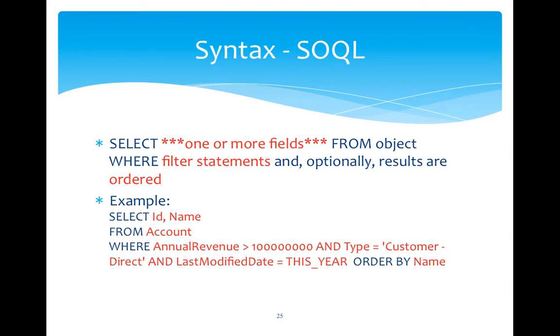Again, there is another condition which says that last modified date is equal to this year. Again, this is a long criteria, but yes, you can put in several combinations. And here if you see ORDER BY Name, it sorts the result by name in ascending order. Don't bother, we would see all the queries practically.